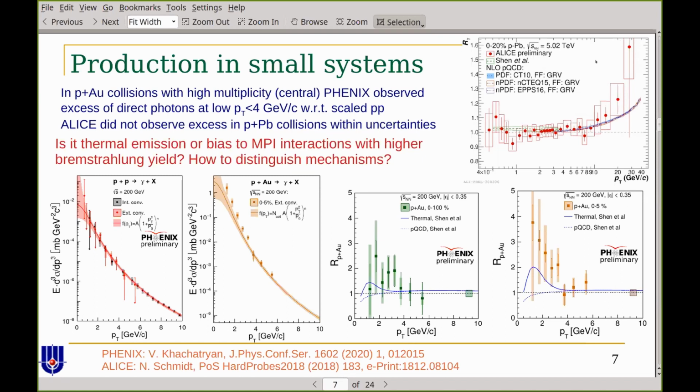And if you go to LHC energies, it is proton-lead collisions at 8 or 5 TeV per nucleon. ALICE measured the ratio, which is the number of inclusive photons over the number of decay photons, and an excess over unity means the presence of direct photons.